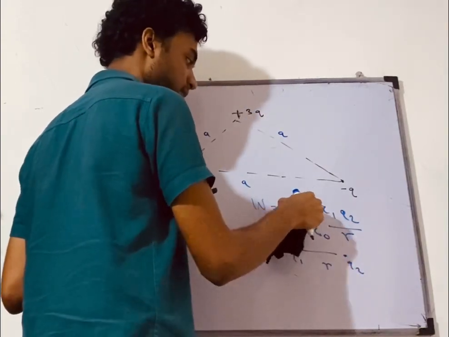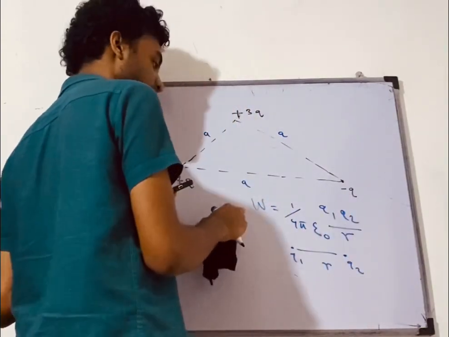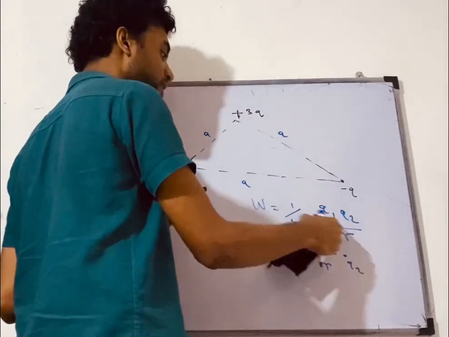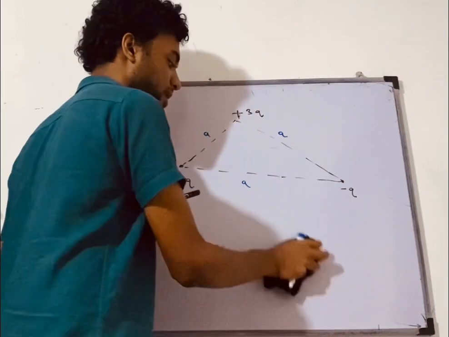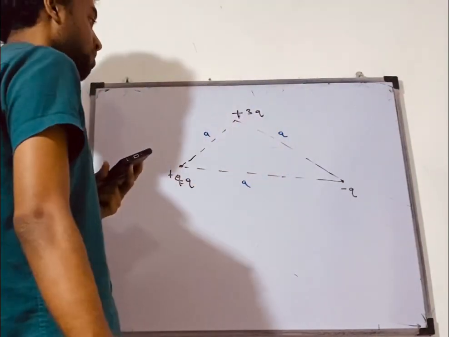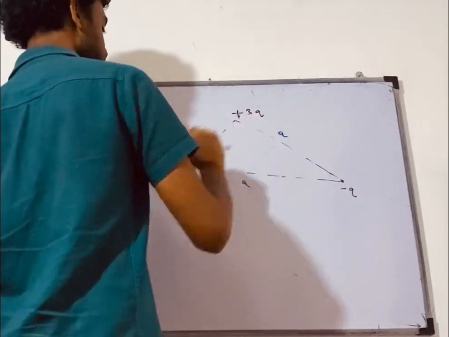If I put positive for Q1 and positive for Q2, the answer is positive. If I put positive for Q1 and negative for Q2, the answer is negative. So remember that.